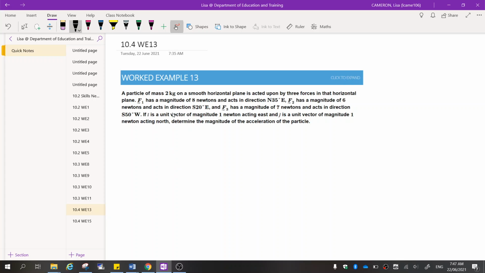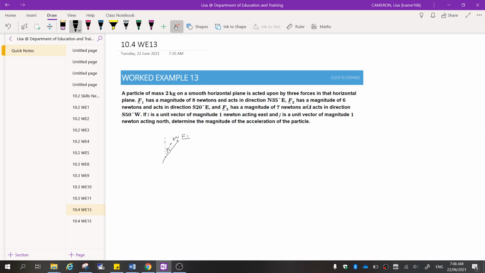So first one, F1 has a magnitude of 8 newtons and it acts, here's my north axis, 35 degrees to the east. So in here is 35 degrees and that is 8 newtons, force 1.